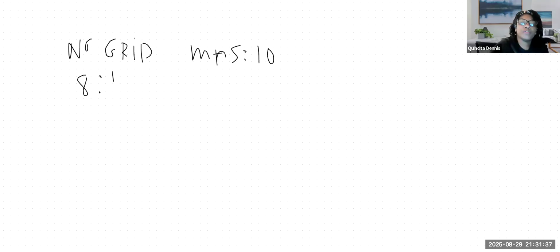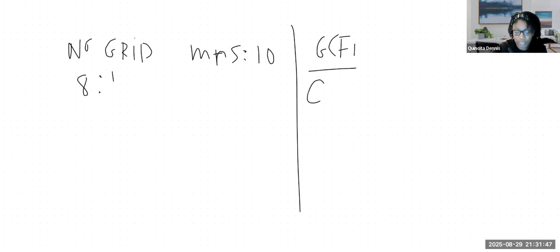All right, the formula that you need to work with for this one is grid conversion factor 1 over grid conversion factor 2, and this is equal to mass 1 over mass 2.